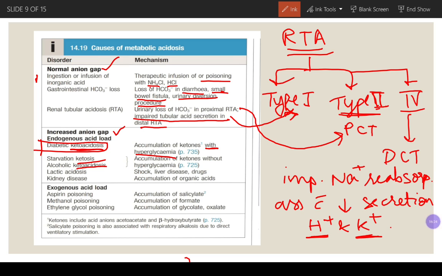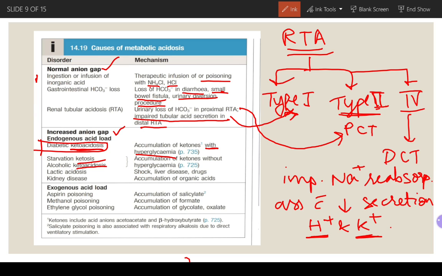Now talking about starvation ketosis, this is basically in patients who are deprived of nutrition, or it can be even in people who have a high glucose demand. So it need not be any person who has lack of intake of food. It can also be someone like a pregnant woman or a breastfeeding woman who needs more glucose than the normal quantity, but she's taking the normal quantity.